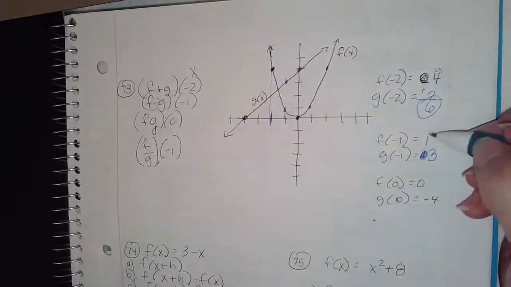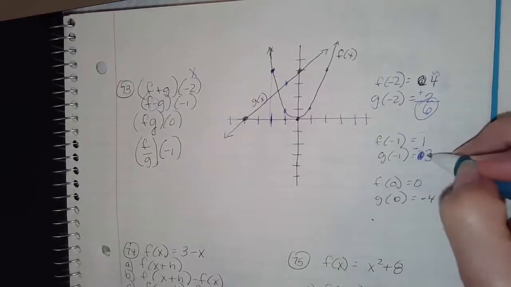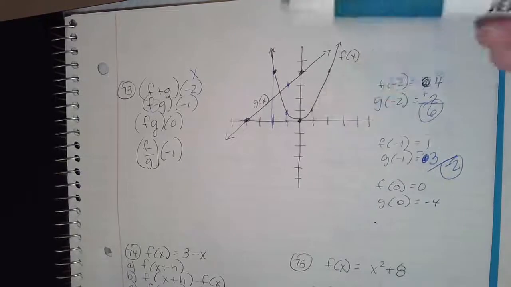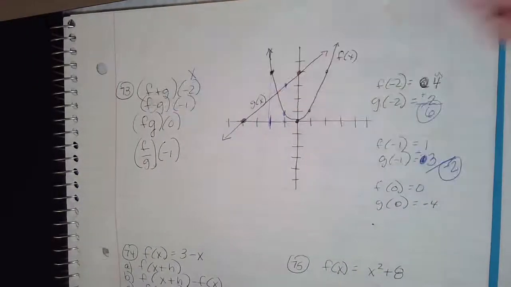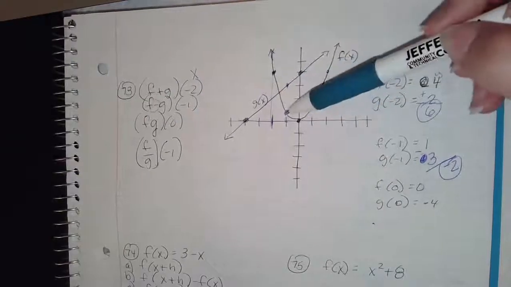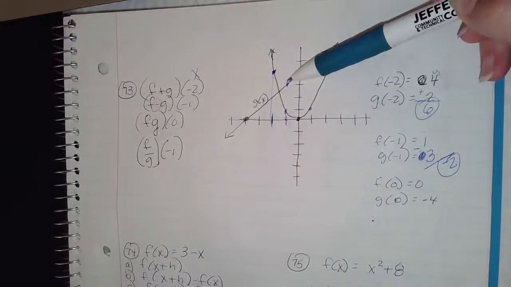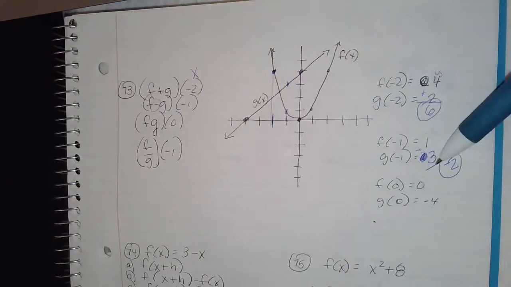So f subtract g. So 1 minus 3, -2 on that. But just be careful on yours. Count your places. For function f, and do them in the right order, function f is the parabola, so get that y answer. Then function g, and then subtract 1 minus 3, which is -2.